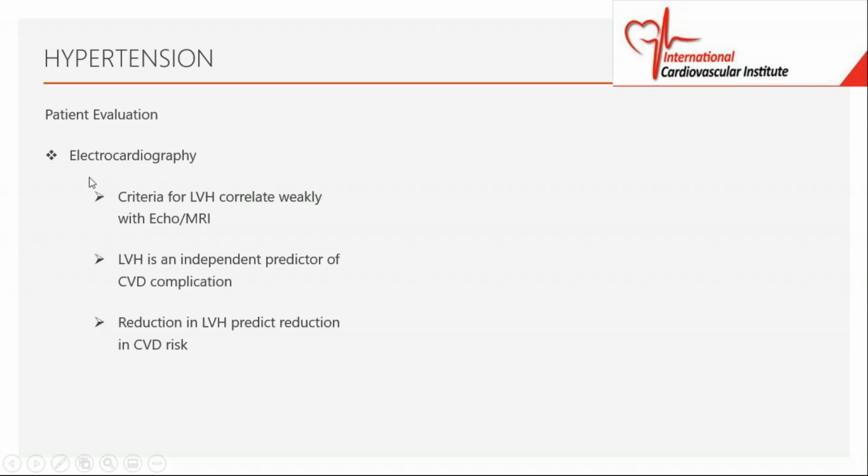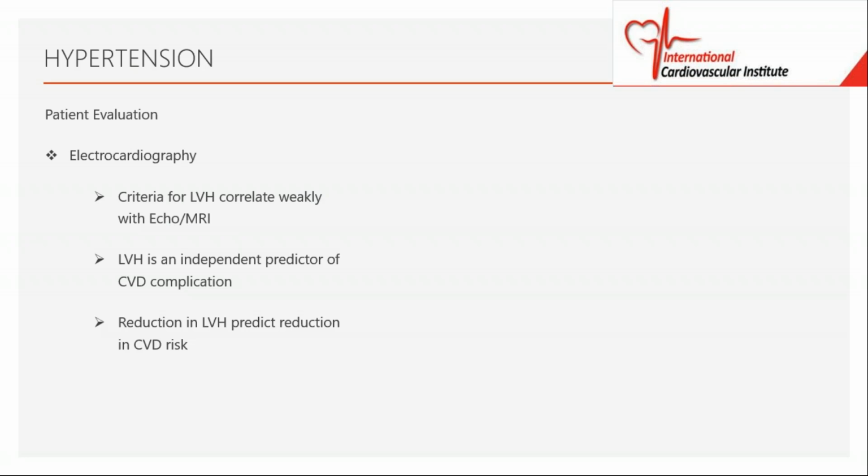One problem is the ECG. ECG is a little, well, I'm not going to say it's disappointing, because it might be how it's done, but the electrocardiogram criteria for LVH correlate very weakly with echo and MRI.